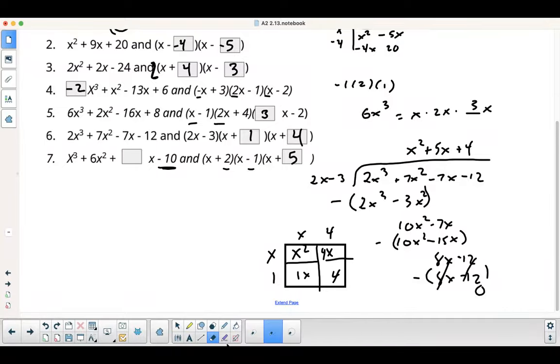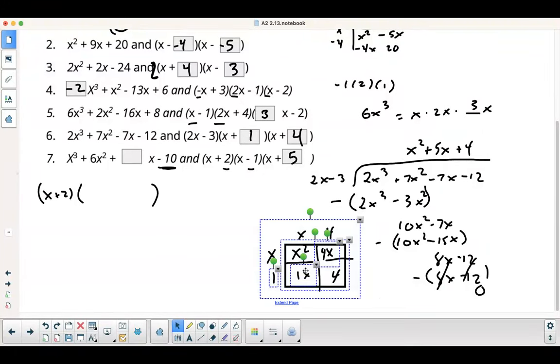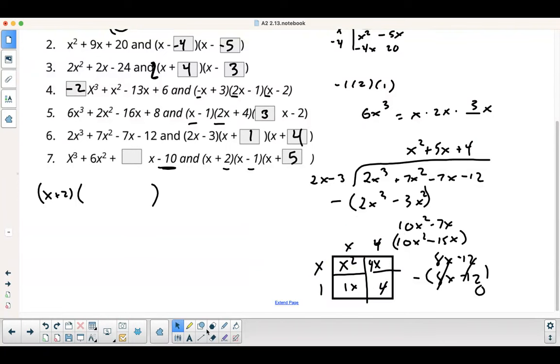So then what I would maybe do is multiply all this out. If I put my x plus 2 on the outside, if I make a box here to multiply x minus 1, x and 5, x squared, 5x, negative 5, negative x.